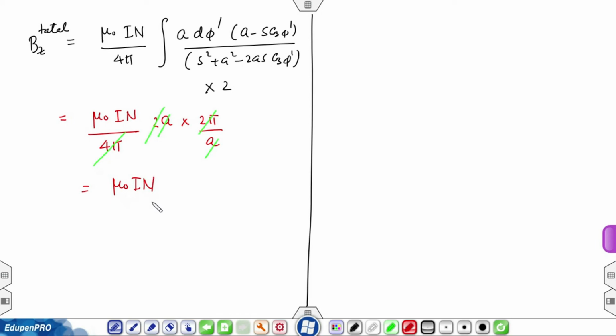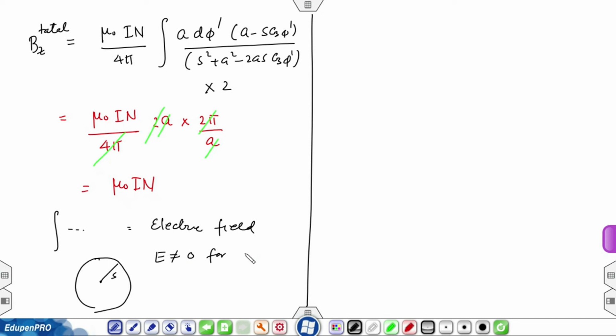Now, this is for inside the cylinder. How do we know that? You see, this integral that we calculated was related to the electric field for this cylindrical shell of radius s. So, E is not 0 for a greater than s, and E is 0 for a less than s. Let us write it explicitly.